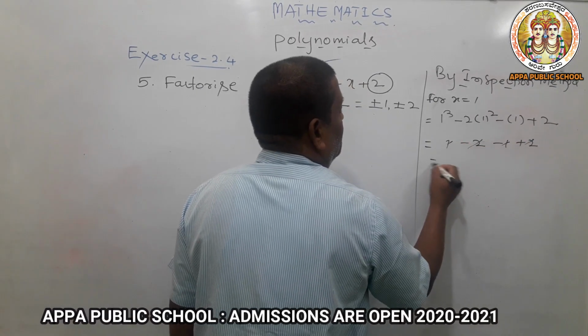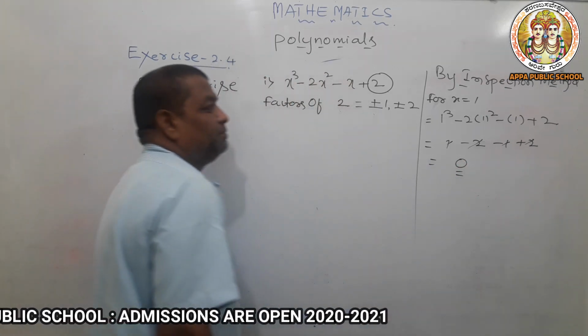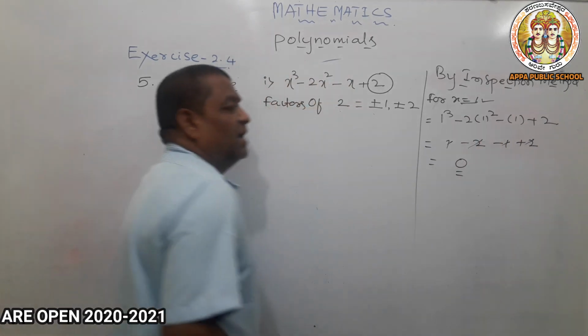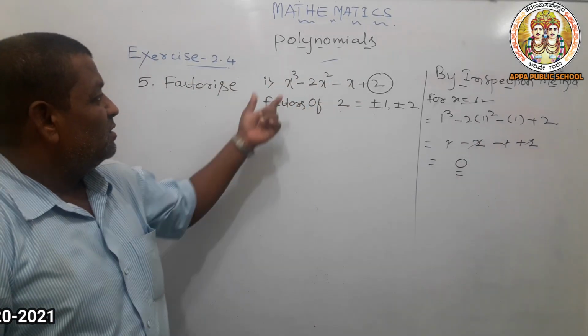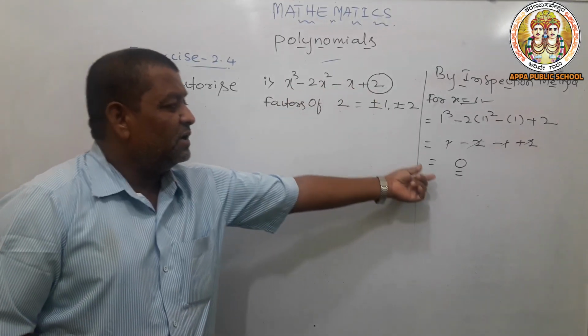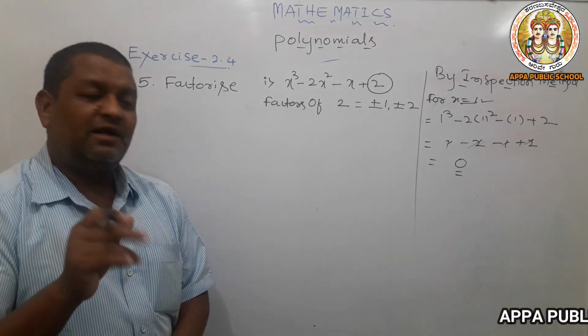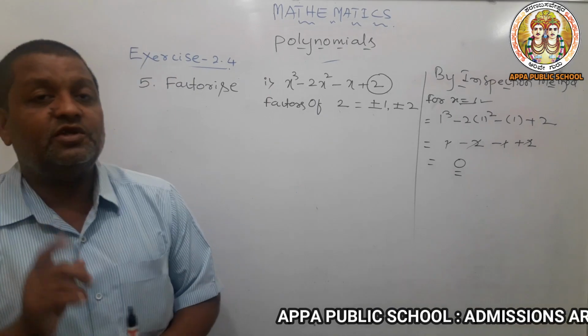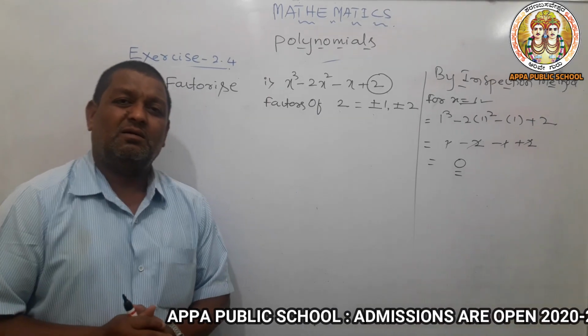See, we got 0. For x is equal to 1, the whole polynomial becomes 0. Definitely 1 is a zero of the polynomial.